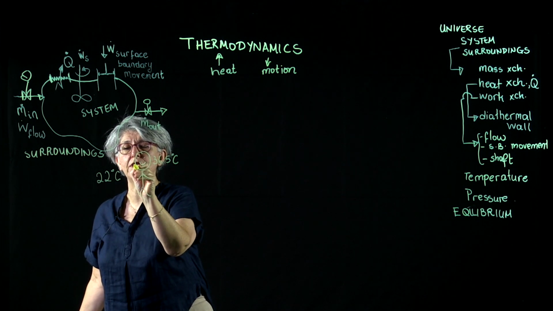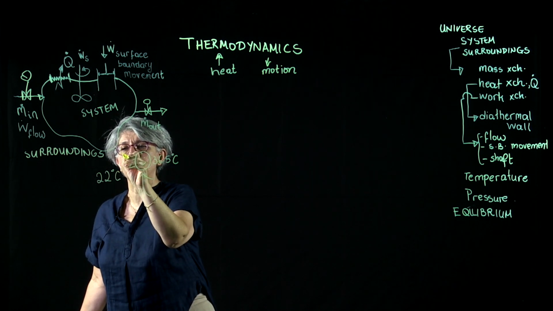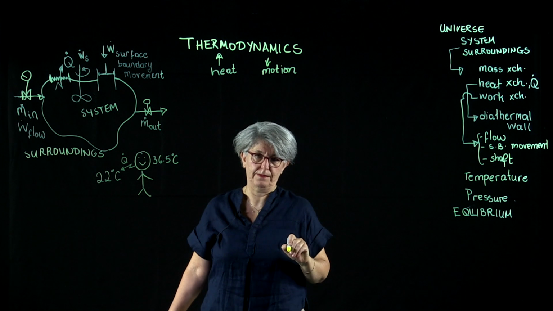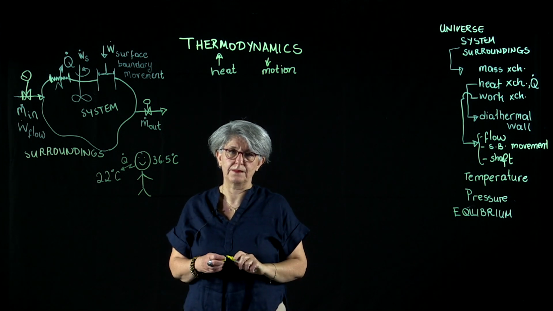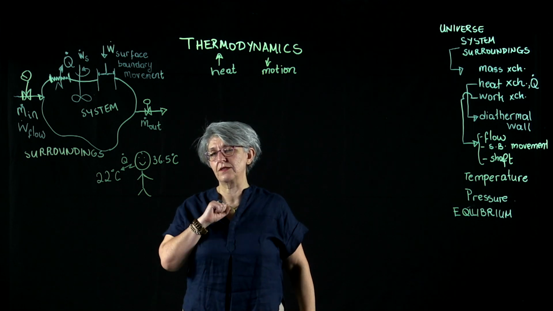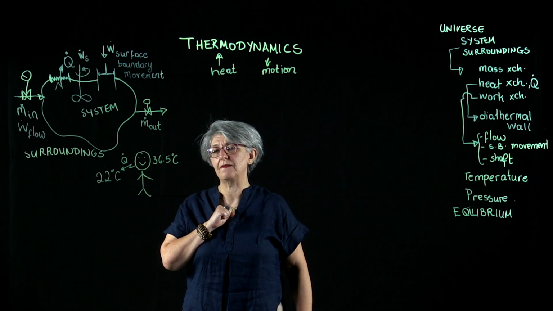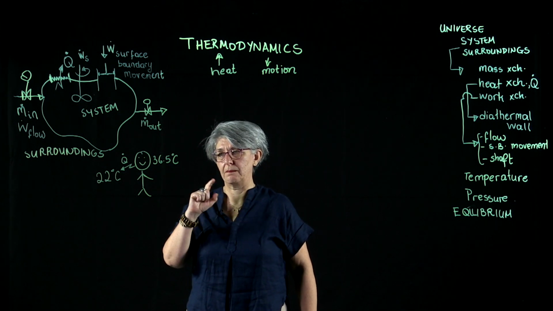I will use the broken arrow. Heat flow from the system to the surroundings. This is one of the interactions of a human body with its environment by heat.